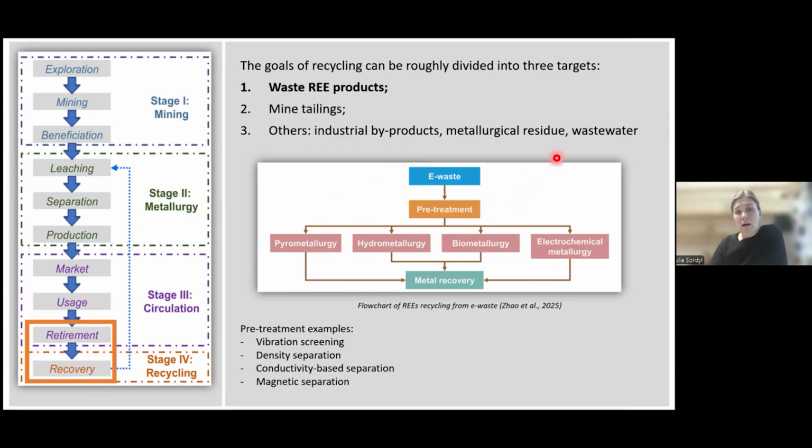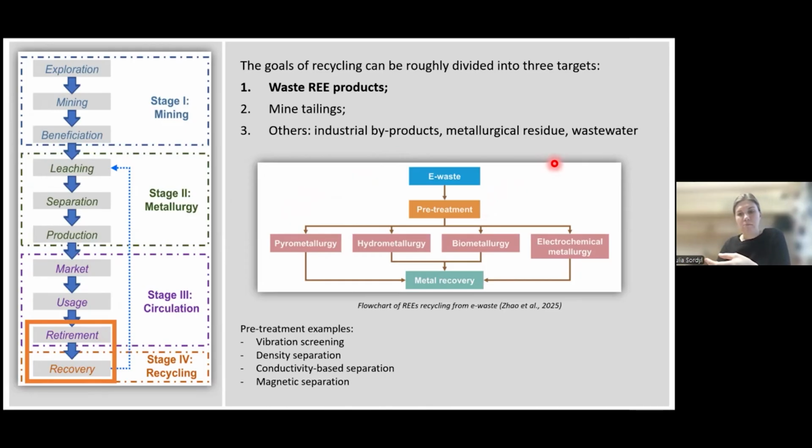So recovery of REs from e-waste requires firstly some pre-treatment, which includes disassembly of the parts, crushing, grinding, physical separation like vibration screening, density separation, conductivity-based separation, magnetic separation, and others.